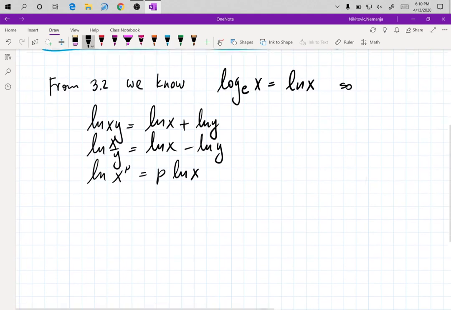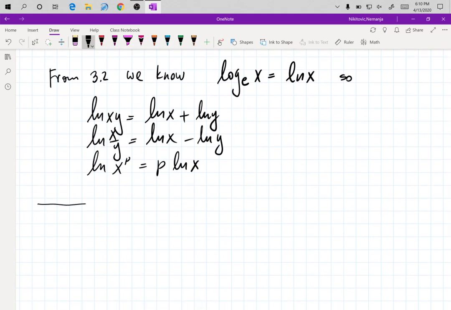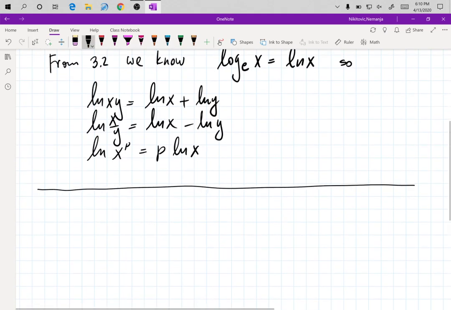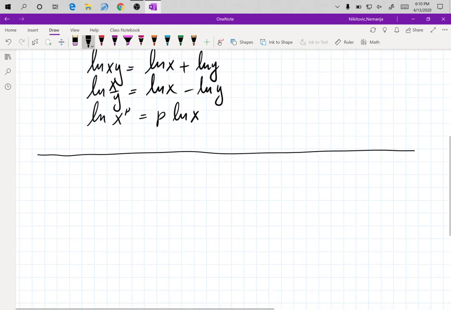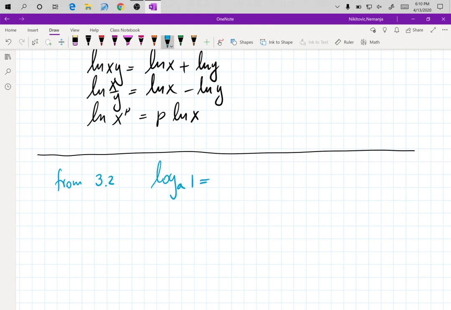All right, so now let's take a look at some problems. Also from before, from 3.2, we know that log of any base of 1 is equal to 0, and log, when the numbers are the same, is equal to 1.